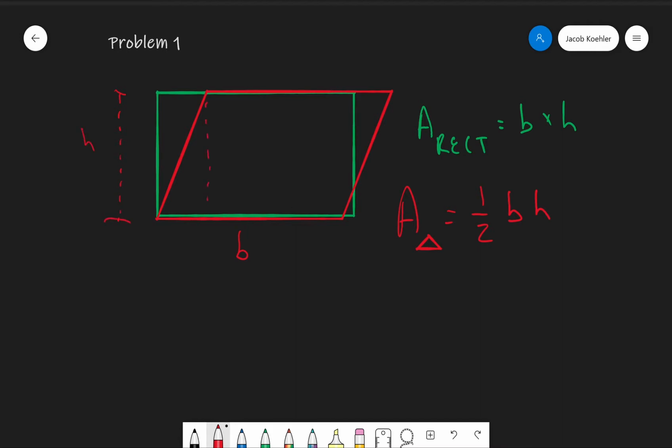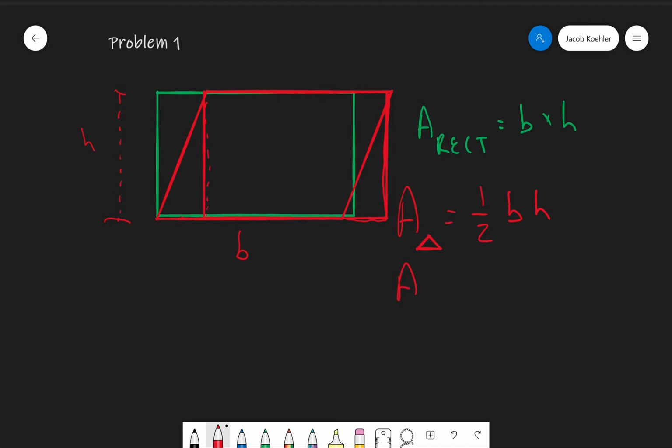Same thing here. Well, we could take this triangle that's missing from over there, lop it in over here, and we have now a rectangle. And we haven't altered the base because we took this piece and put it back over here. So it's still a base b, and it's just a height of h.